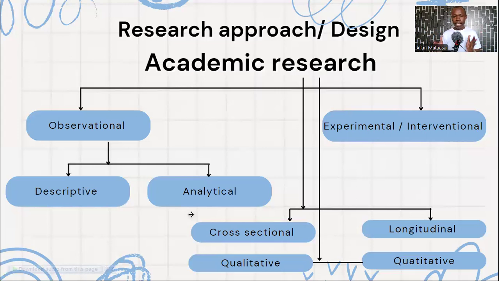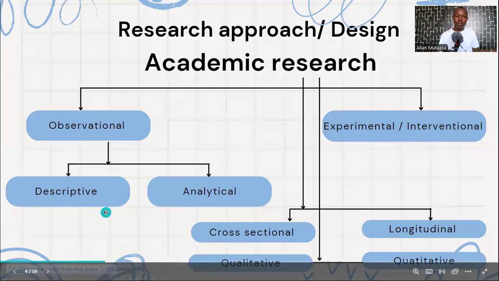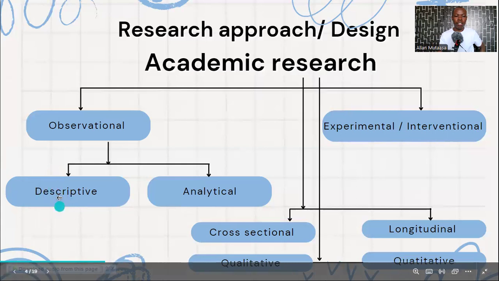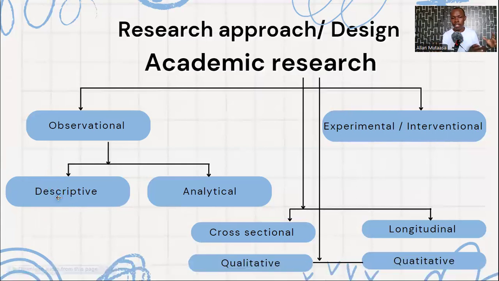So if our topic is the relationship between employee motivation and performance specifically, then we are going to call that an analytical study. If we are saying that we want to find the factors that are influencing employee performance, then that topic is going to become descriptive. So you can see that in both topics, we are talking about employee performance. But in the descriptive part, we are not tying ourselves to one independent variable, which is motivation.